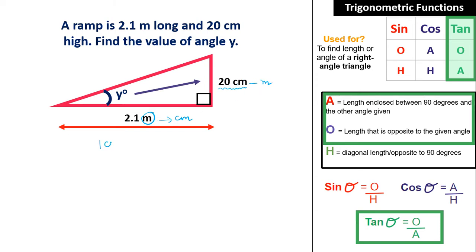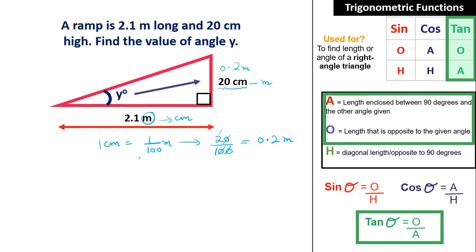So let me write 1 centimeter equals 1 upon 100 meters, which means 20 centimeters, if I want to convert it to meters, is 20 over 100. Zeros are gone, I'm just going to move one decimal point back and I have 0.2 meters, which means that my length is 2.1 meters and my height is 0.2 meters.